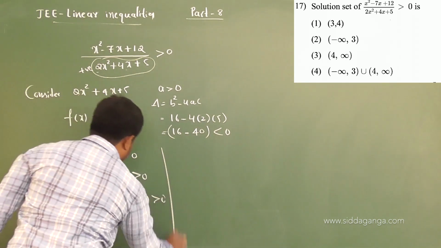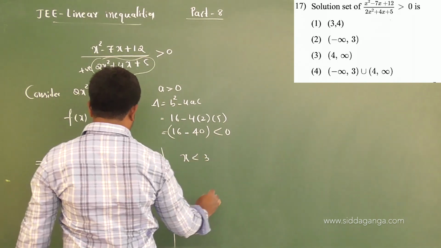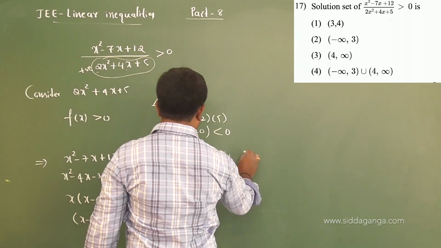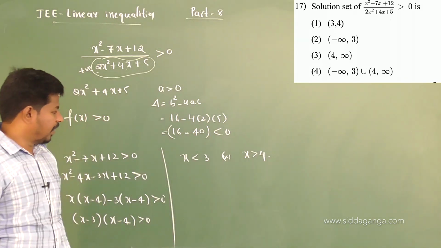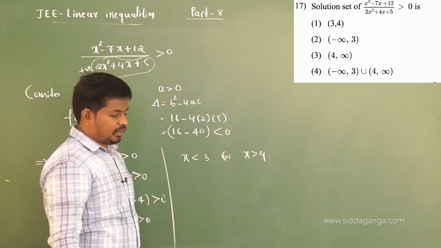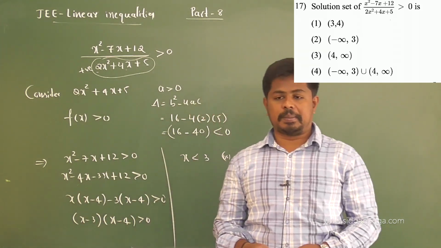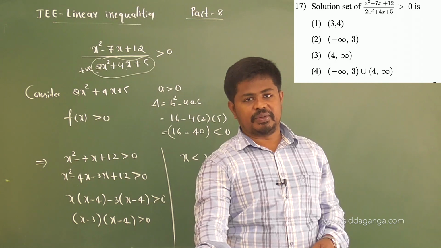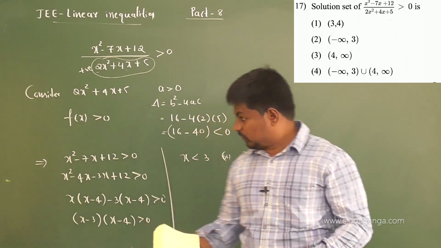So the solutions are like this: either x is less than 3 or x is greater than 4. You mean minus infinity to 3 union 4 to plus infinity. So option 4 is the correct one. Minus infinity to 3 union 4 to infinity. Okay, so the fourth is the correct one.